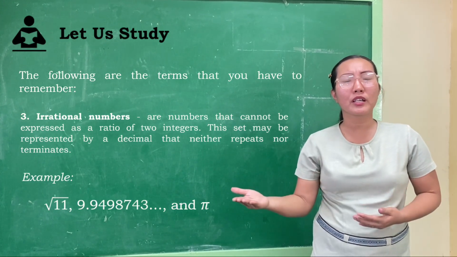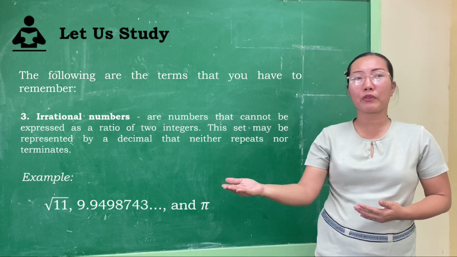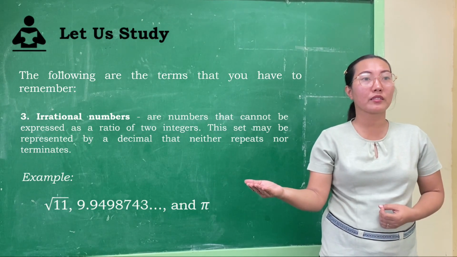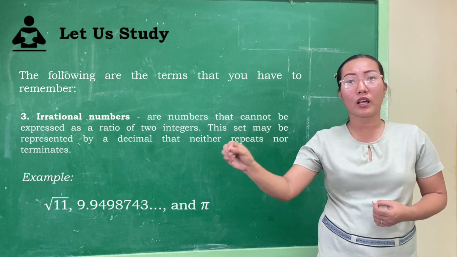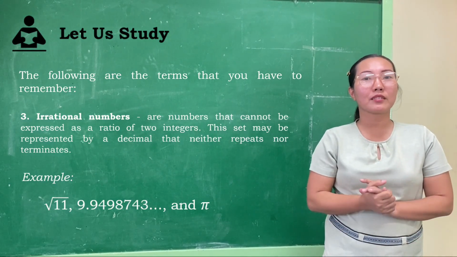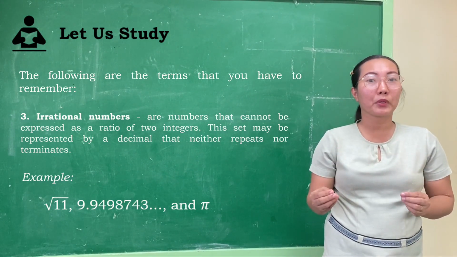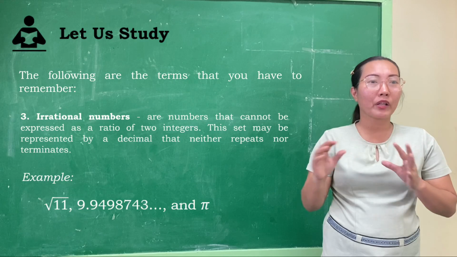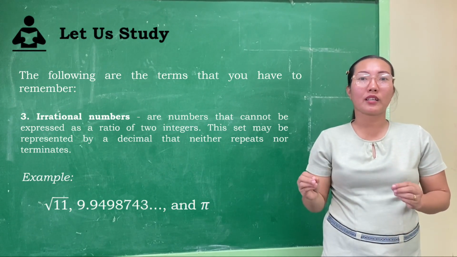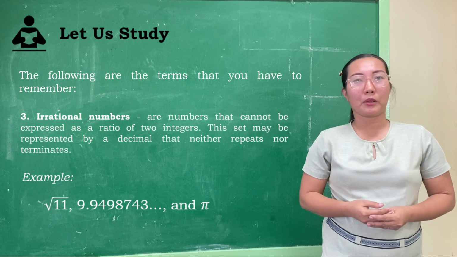When we use the calculator, the square root of 11 results to 3.31624790 and so on, and it continues forever. That means there is no repeated number and no pattern at all, and it does not terminate. That is why it is an example of an irrational number.